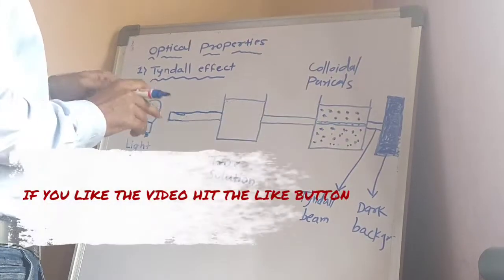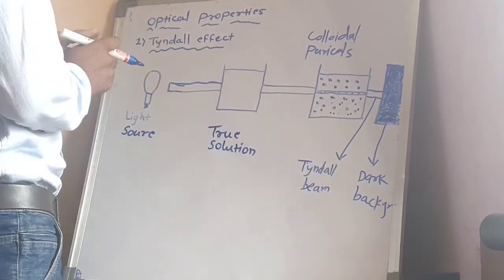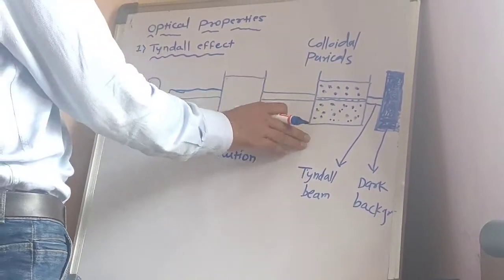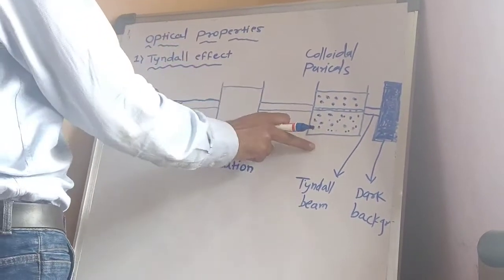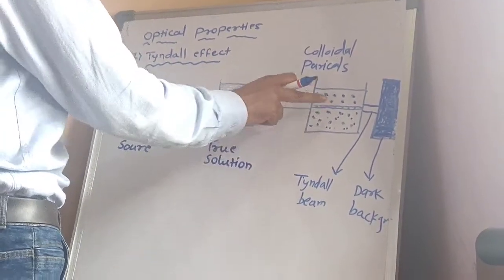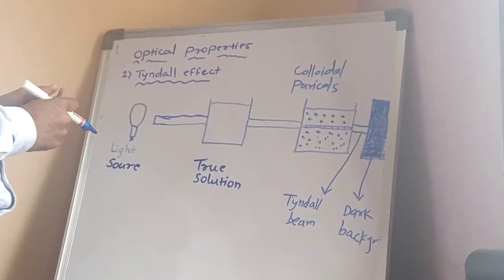In colloidal dispersion, the intensity of scattering of light depends upon the difference between the refractive index of the dispersed phase and the continuous phase. What is the refractive index?